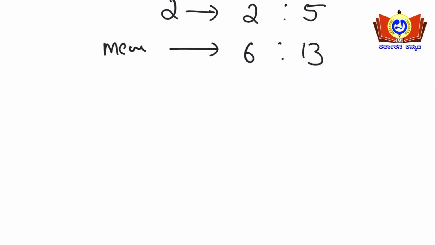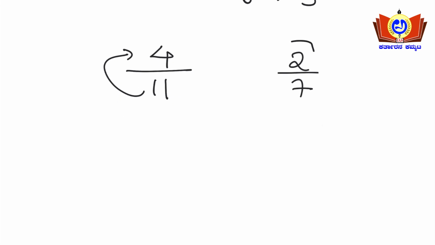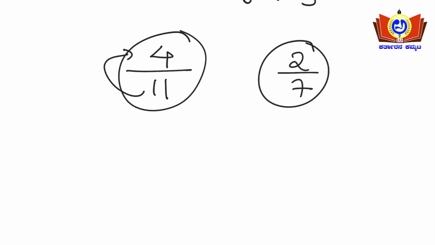In blend 1, the ratio is 4 and 7, so 4 plus 7 is 11. Out of these 11 parts, 4 parts is of that particular tea. Similarly, in blend 2, 2 upon 7, yes or no? 2 upon 7 is the ratio here. This is the blend 1 and blend 2 ratio.